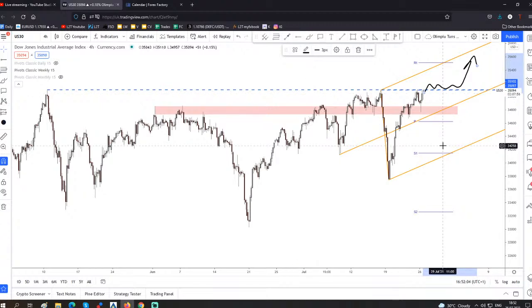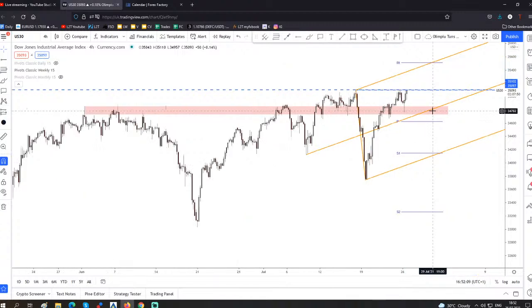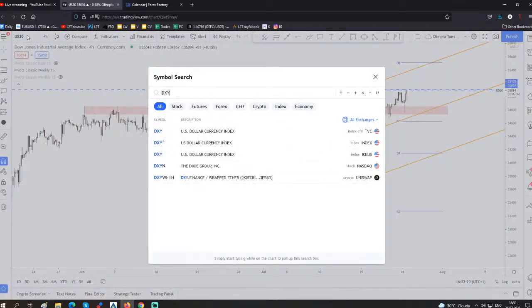Also, all these failures to retest the medium line of the ascending pitchfork signal strong buyers here in US 30, the Dow Jones Industrial Average, and I've told you that the current DXY drop forces the US equities to jump higher.